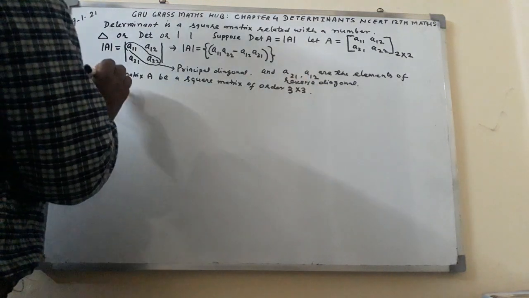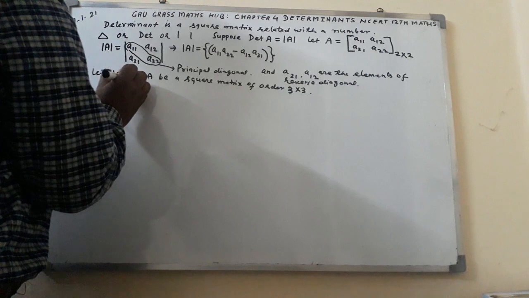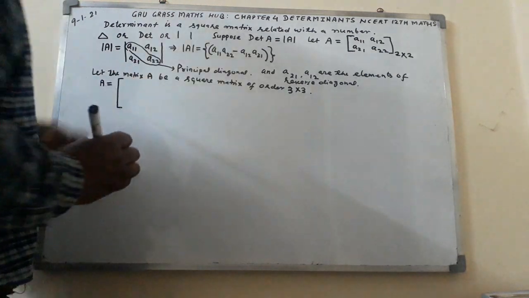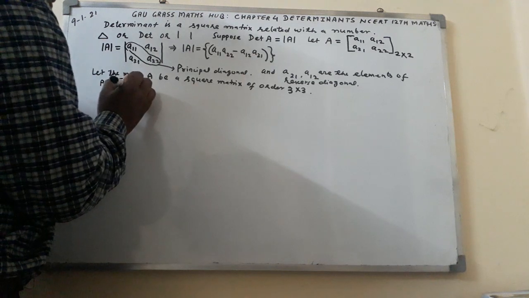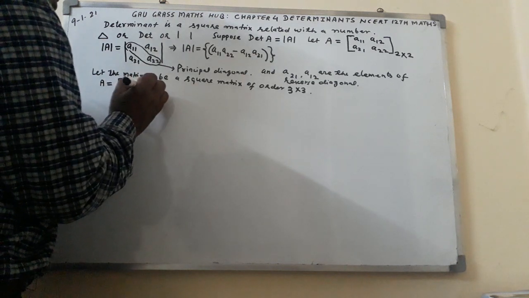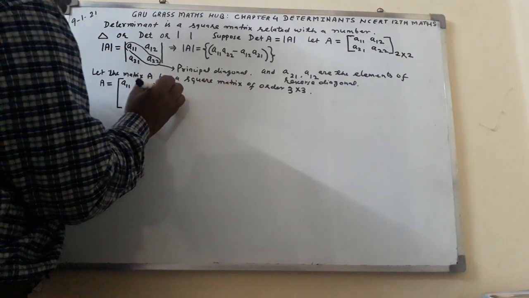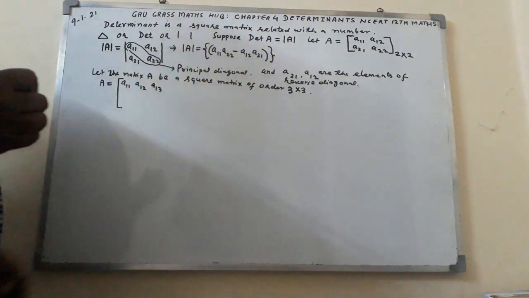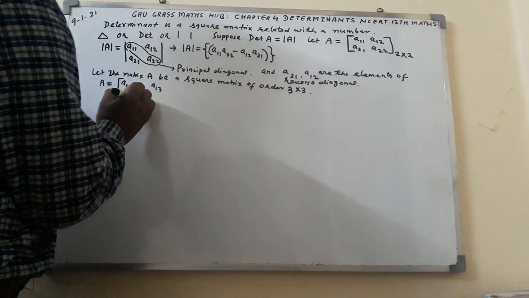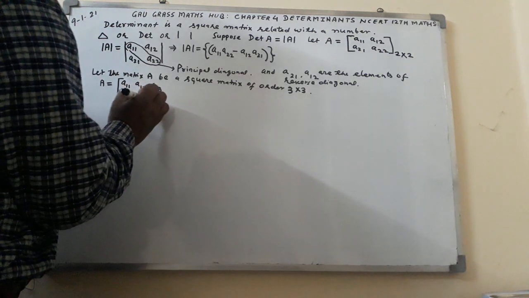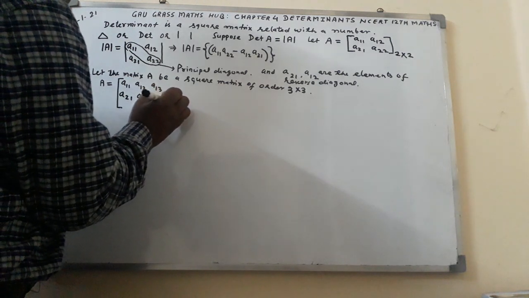Then matrix A: elements of first row I shall take A11, A12, A13. Elements of second row I shall take A21, A22, A23.